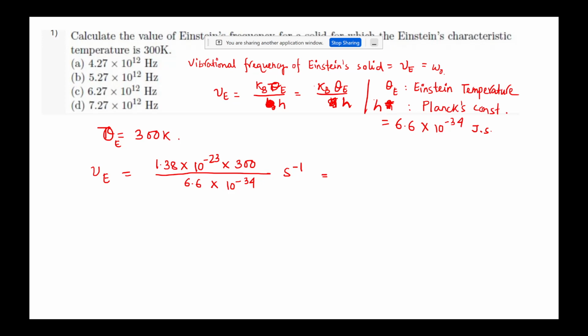This comes out to be 6.27 into 10 to the power 12 second inverse, which is 6.27 into 10 to the power 12 hertz. So option C, as Renuka Devi mentioned, is correct.